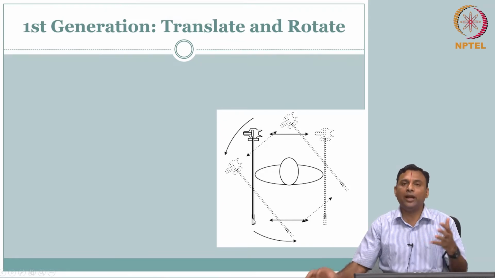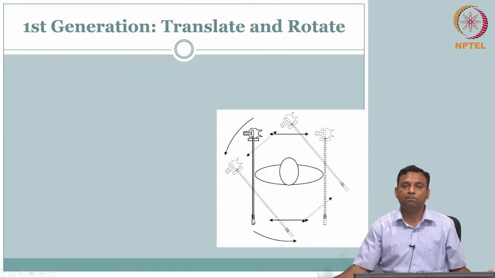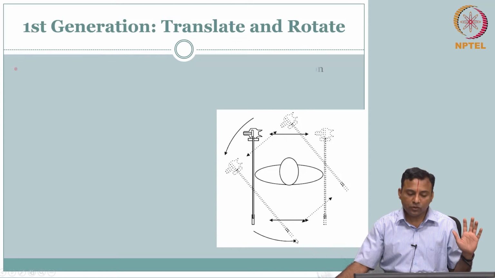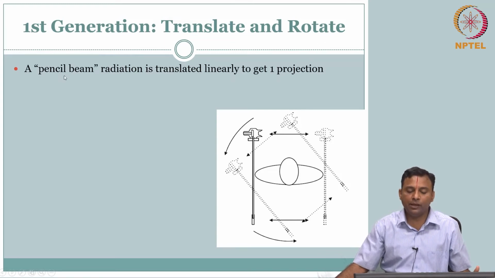You know the positions of the source and the detector where you record all the measurements, then you have to do computation. So the logic was to use a pencil beam which was translated to get one projection.